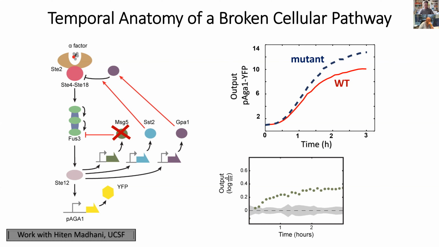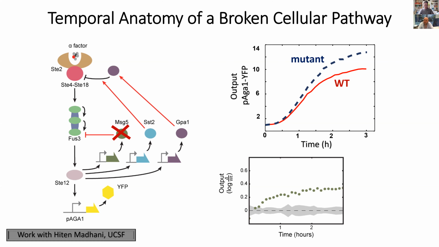The answer is that you cannot just put in a constant amount of MSG5. Correcting that difference between the wild type and the mutant has to be dynamically programmed. So we need to put in different amounts of MSG5 as a function of time in order to make the mutant look like the wild type.